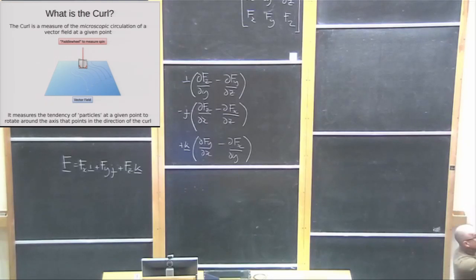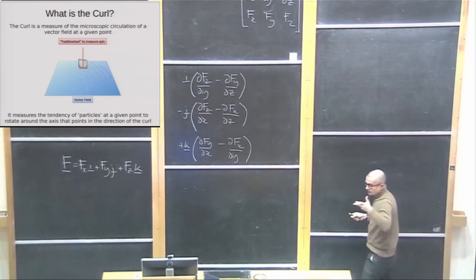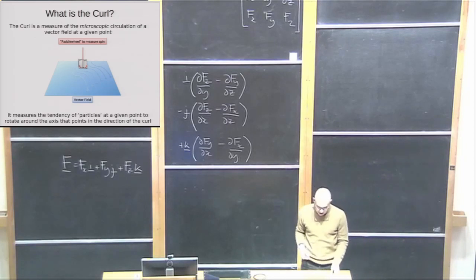So there would be a positive curl upwards or a negative curl downwards, and the magnitude of it tells you about the rate at which it's rotating. And as I said, later on in the lecture, I'll explain how you can understand that more quantitatively. And again, just to emphasize the point, it is the microscopic rotation. It's not necessarily the large-scale circulation of the field.